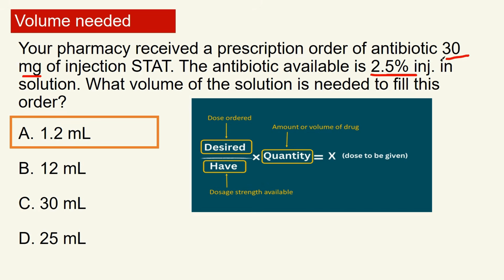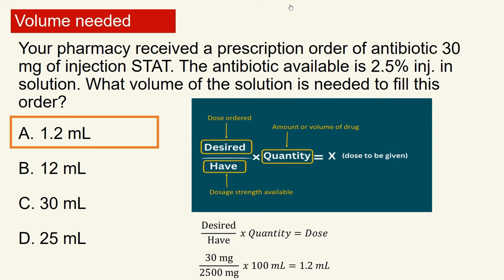So therefore you have 30 milligrams, and then 2.5 grams in 100 mL. 2.5 grams means you have to convert this to 2500 milligrams, and this 2500 milligrams is in 100 mL. So basically here you have 30 milligrams, and here you have 2500 milligrams, followed by the quantity, which is 100 mL, because percentage means in 100 mL.